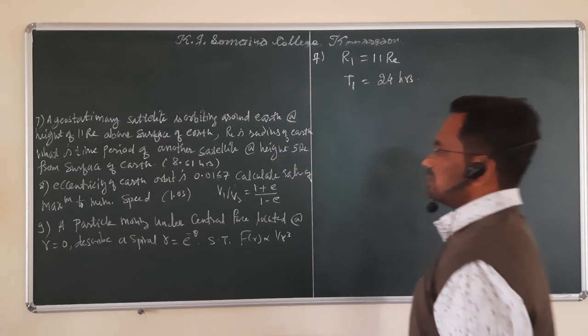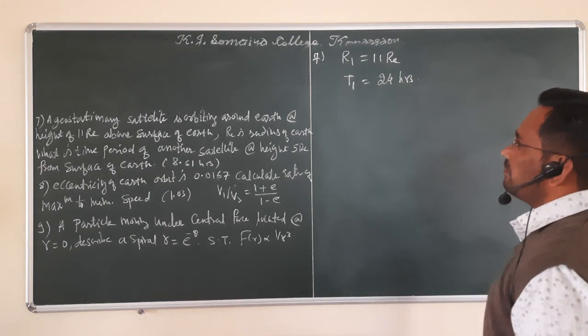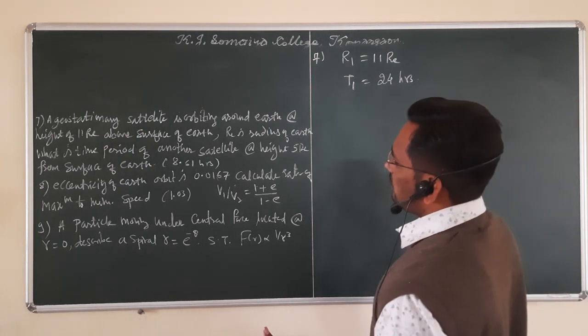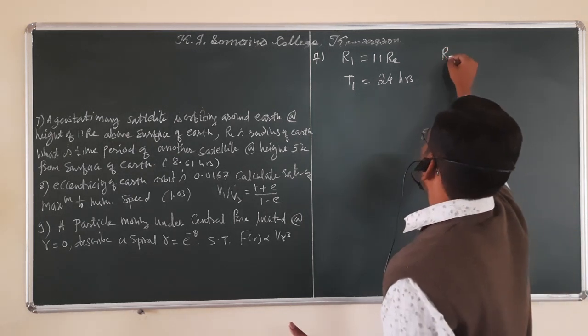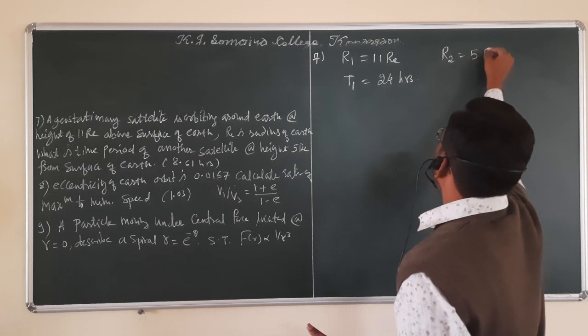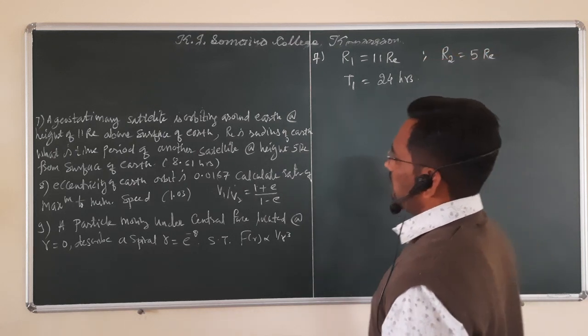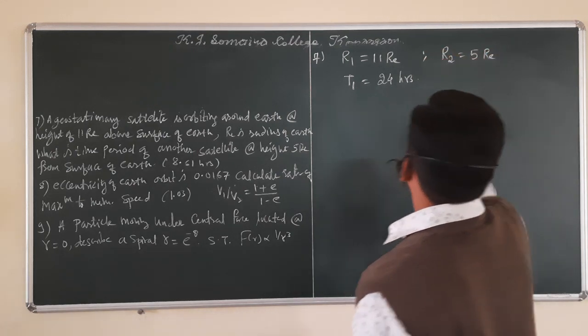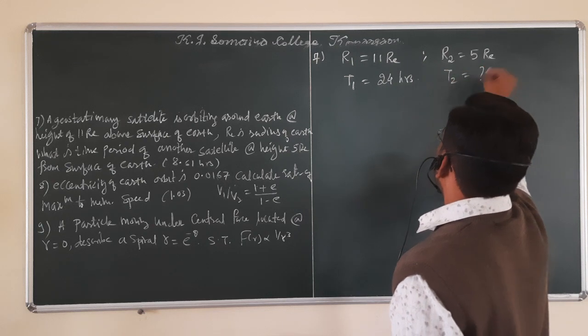That time is the periodic time. Now it is also given that another satellite is at a height r2, which is 5 R_E, and we have to find the period of that satellite.